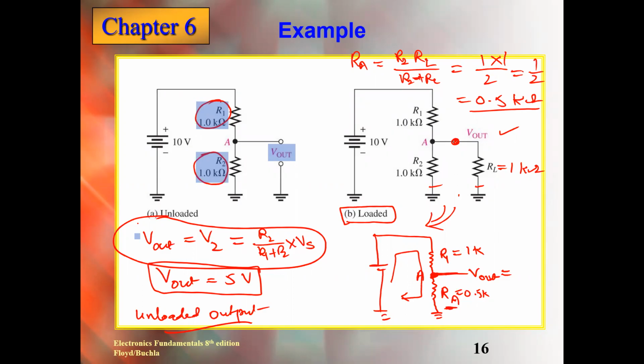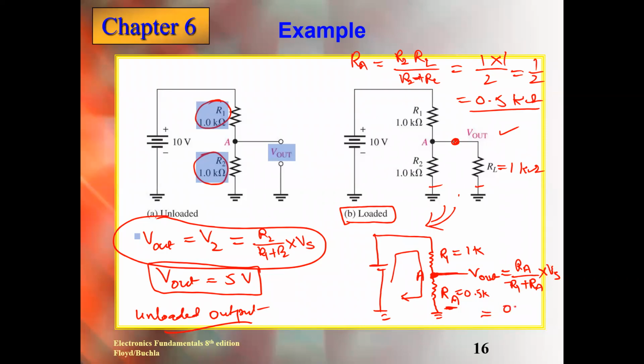Equal R2, RA, divided by RT or R1 plus RA. Multiply by VS. Put the value.